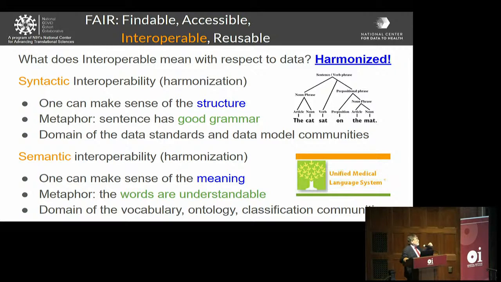HL7 and FHIR more or less have come out on top. Then there's this notion of semantic interoperability, obviously the meaning, and to that extent we're in the realm of ontology. But again, the boundaries between even syntactic and semantic, as I said, are fluid. But it's the domain of vocabularies, ontologies, and classification communities, where, frankly, I've played most of my life in the lower bounds.